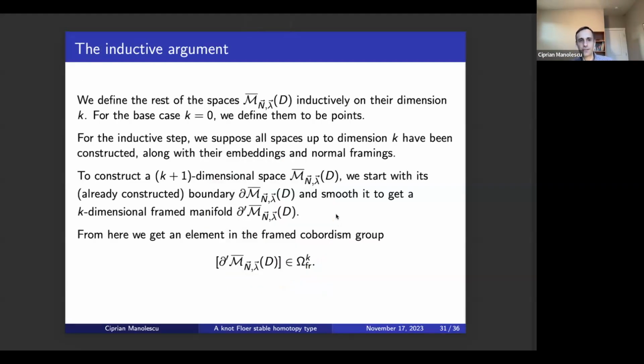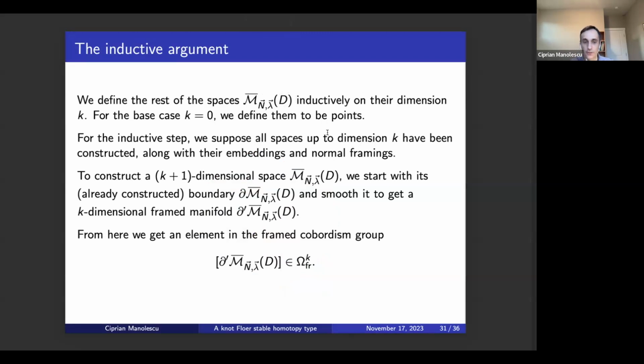And then the interesting part is that we define these moduli spaces inductively on their dimension. So we have a lot of moduli spaces for each D and for each configuration of disks. When the dimension is 0, we just define them to be points, like 1 point for each moduli space.